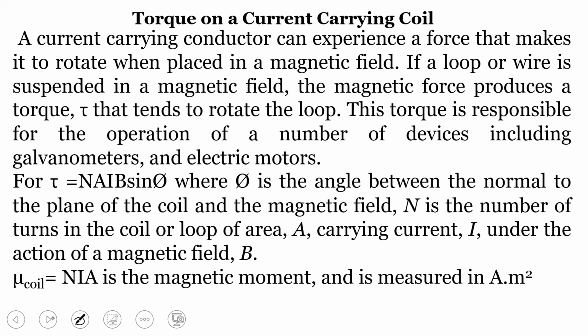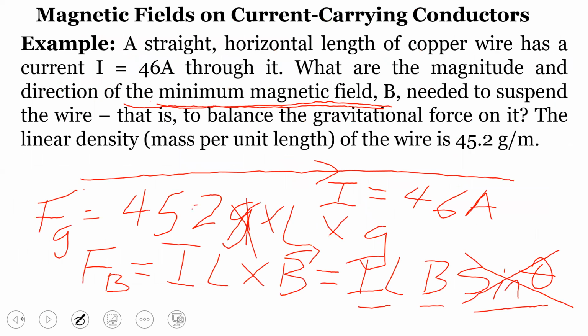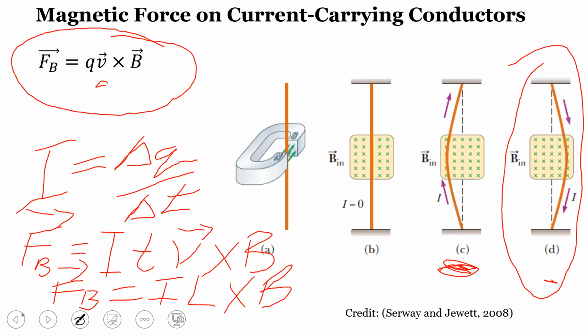So when current flows through a conductor in the presence of a magnetic field, it experiences a force. And this we have said as QV cross B or IL cross B. The magnitude of that force depends on the magnitude of charge here.